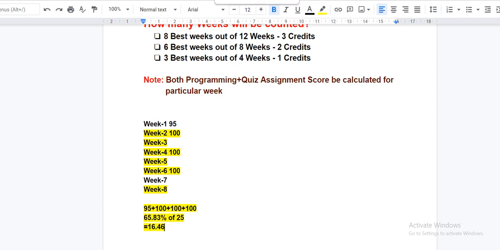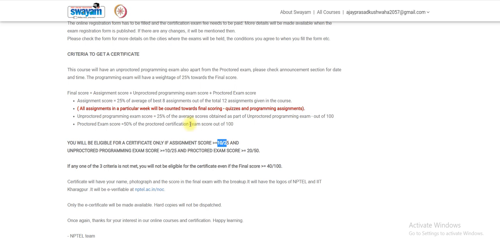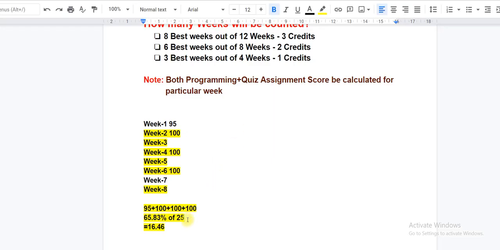Am I right, guys? This is greater than 10. So now you are eligible to write the exam. I hope now things are very clear and you will not get stuck here. You will be able to understand these things.